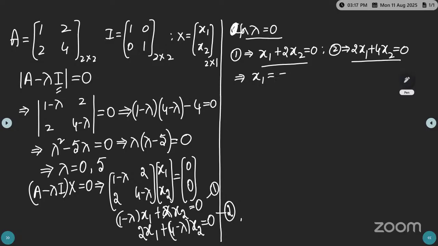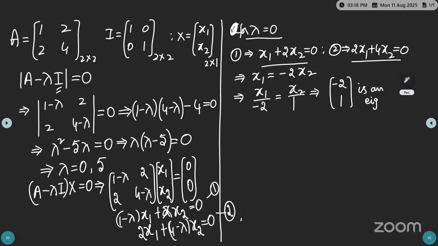x1 equals minus 2x2, x1 by minus 2 equals x2 by 1. So this implies minus 2, 1 is an eigenvector corresponding to the eigenvalue 0 of the given matrix. Okay. మీకు ఐగన్ వాల్యూస్ వస్తే డైరెక్ట్లీ యూ మే రైట్ లైక్ దిస్. Write down for lambda equals 0, equation 1 becomes x1 plus x2 equals 0.